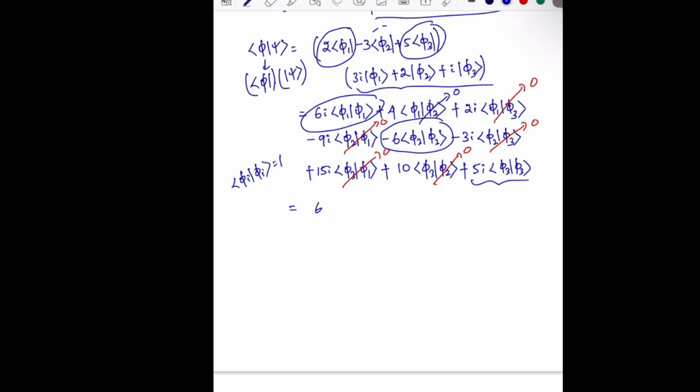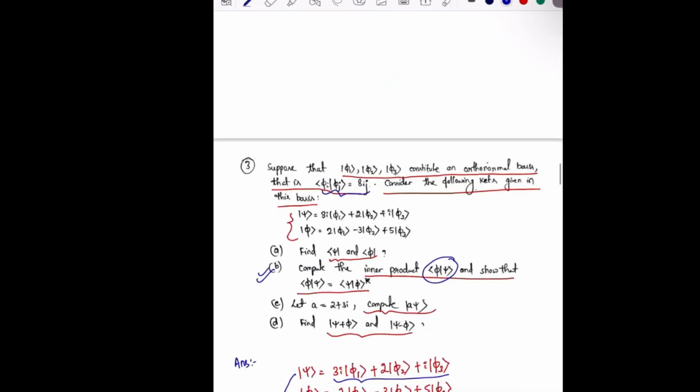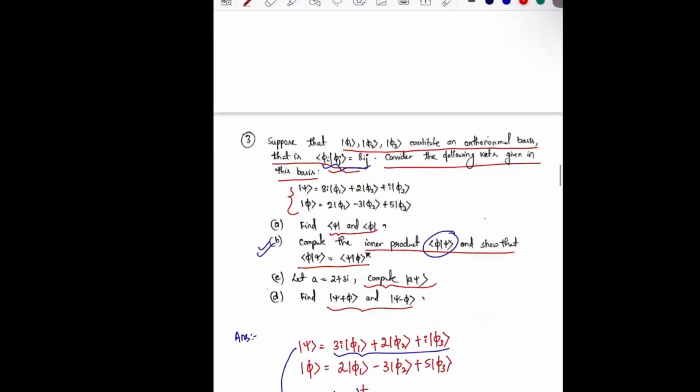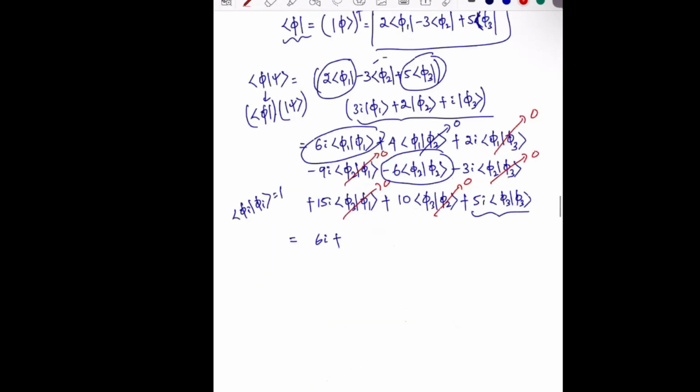Excuse me, ma'am. Can you please explain once again why you have taken phi 1 phi 2 as 0, since phi i and phi j are all equal? Ma'am, it is given to be equal to delta ij. This was given to you, this expression. It is not 8, this is delta, the Kronecker delta.